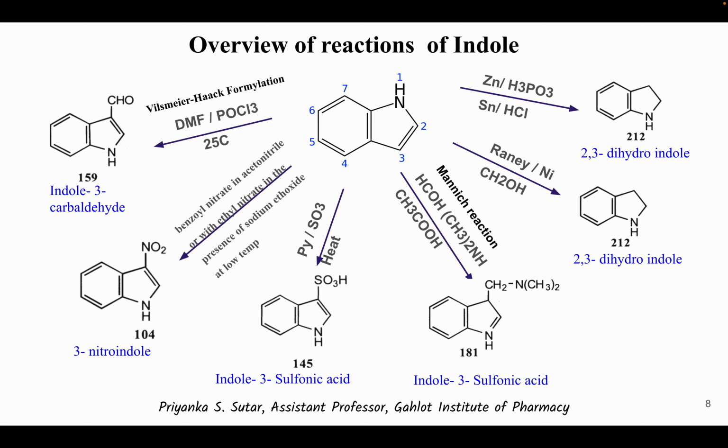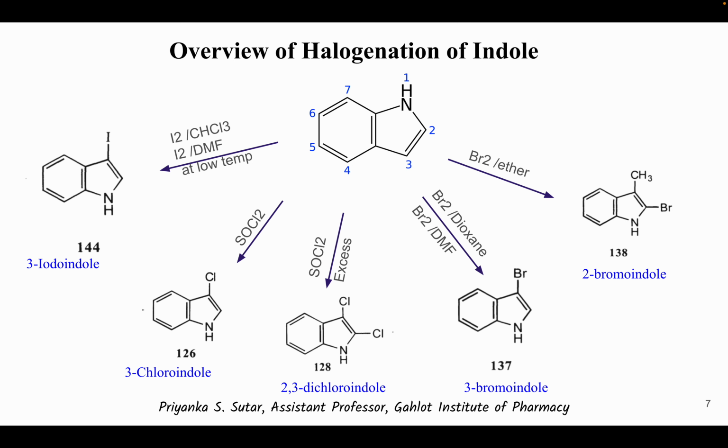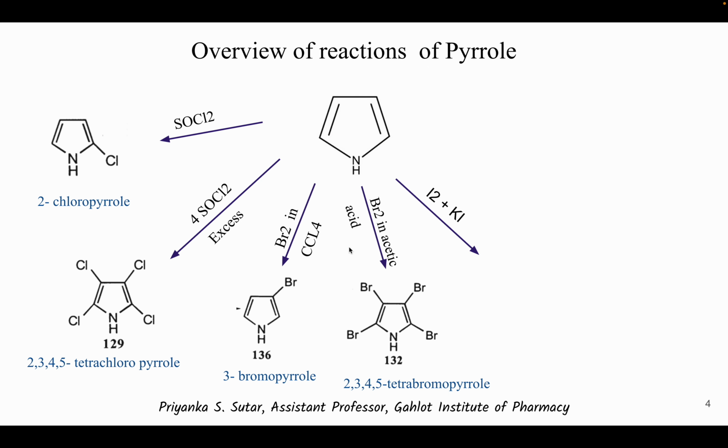So if you see, electrophilic substitution in the indole takes place at the third position, and in the case of pyrrole, electrophilic substitution will take place at the second position. But there are some exceptions, like a change in the reagent will change the product. You can see over here.